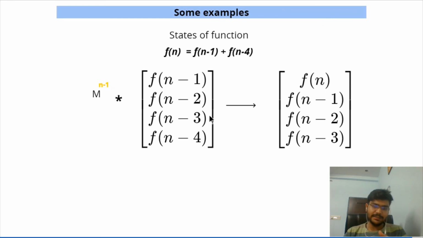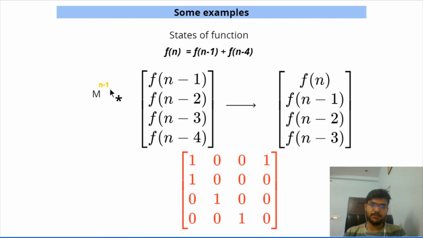To find these states, we'll write down the equation like this: fn minus 1, fn minus 2, fn minus 3 till fn minus 4, and we'll make the RHS the k plus 1th state. That will be this. And when we solve these equations to find the matrix M, the result of the M matrix would be this, right?